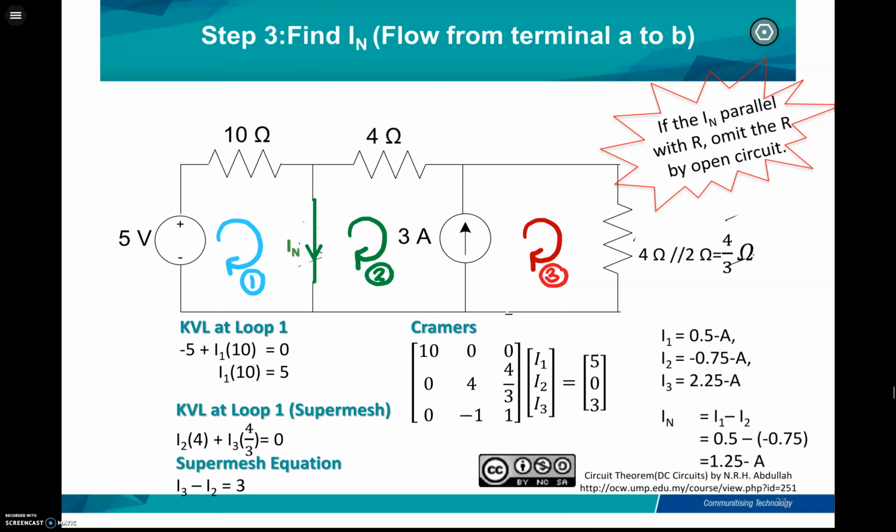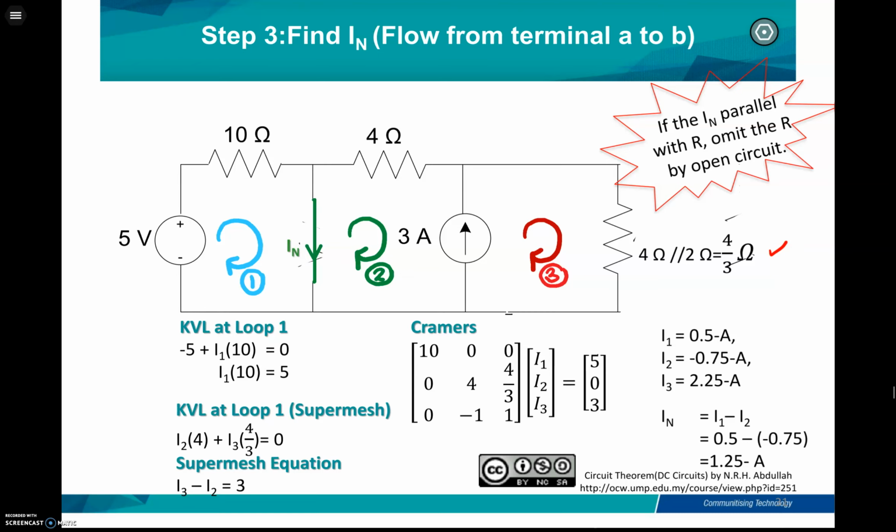Actually, in a circuit that consists of resistors that can be in parallel, you can parallel the resistors first. So this is the parallel resistor that is already calculated in this circuit so that we can reduce the number of loops.